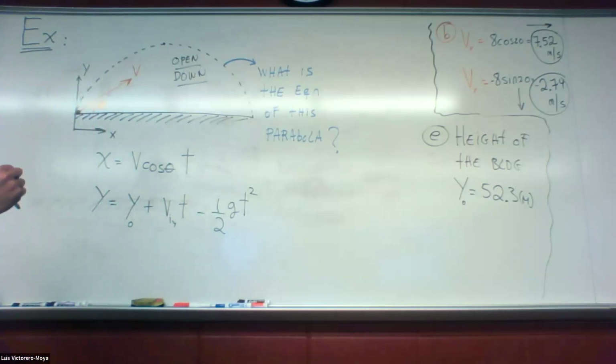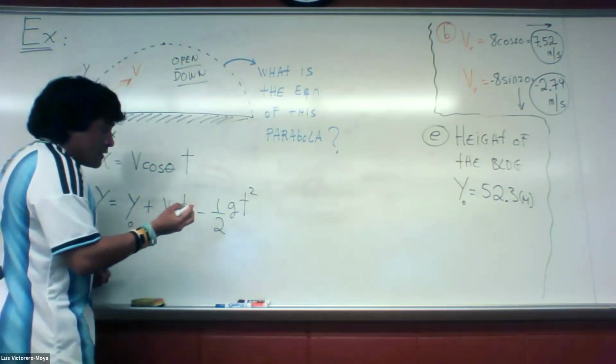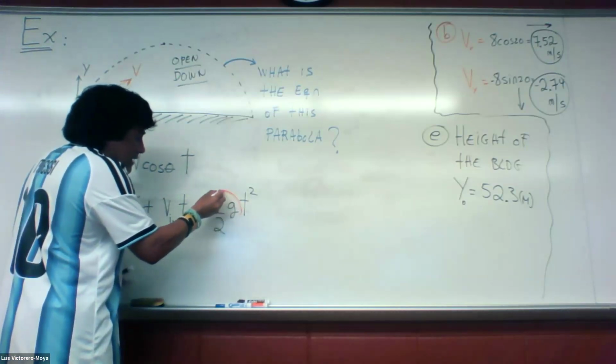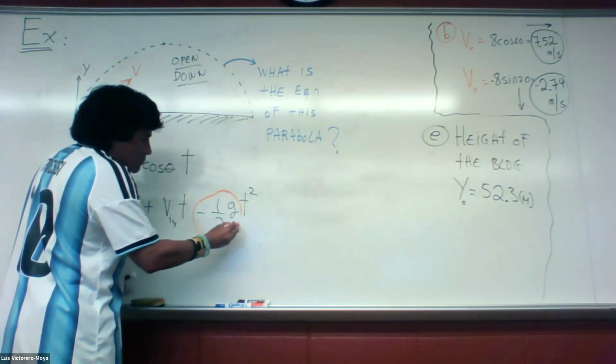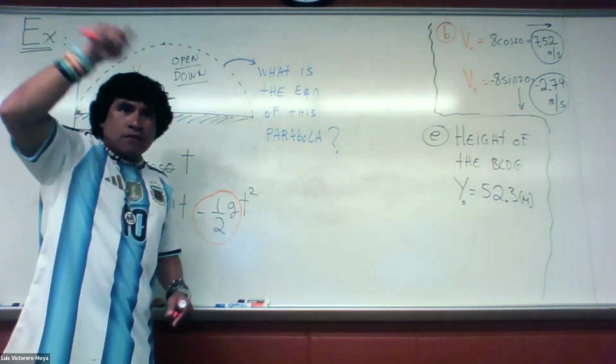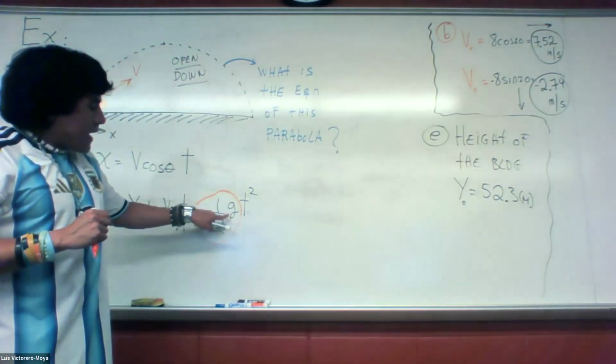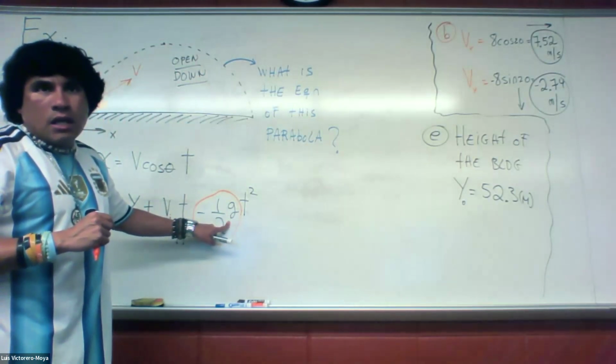That means the quadratic coefficient, remember I was telling you that yesterday, right? This is the quadratic coefficient. So if you do a fitting, it can be like this or it can be like this. The quadratic coefficient is always half of gravity.